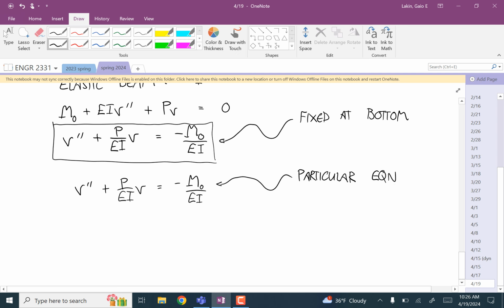Notice in this case, it has a term with no deflection or derivatives, not multiplied by V or any of its derivatives.